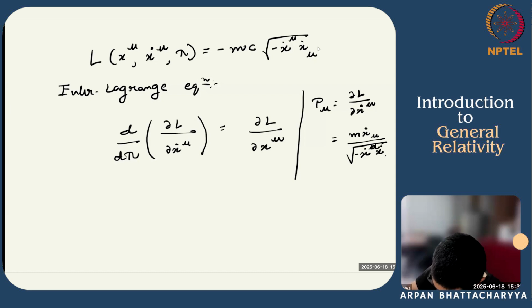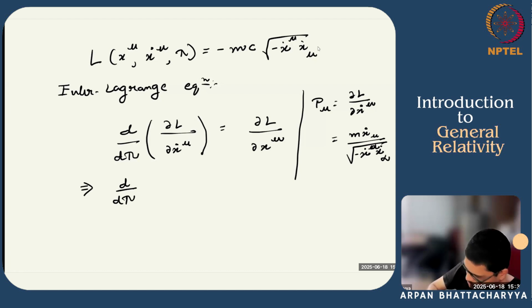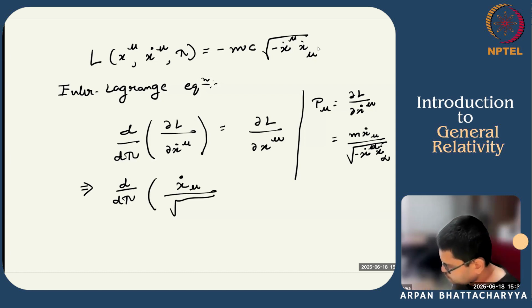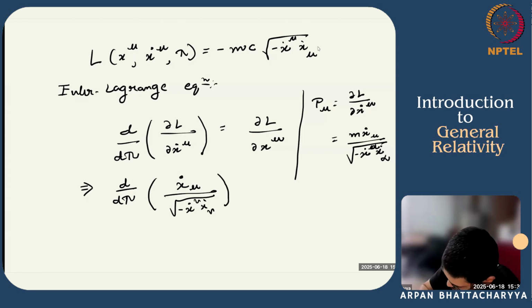So finally we have d d lambda of del L del x dot mu, which gives us the equation of motion equal to 0. So we can introduce now the relativistic definition of world velocity.